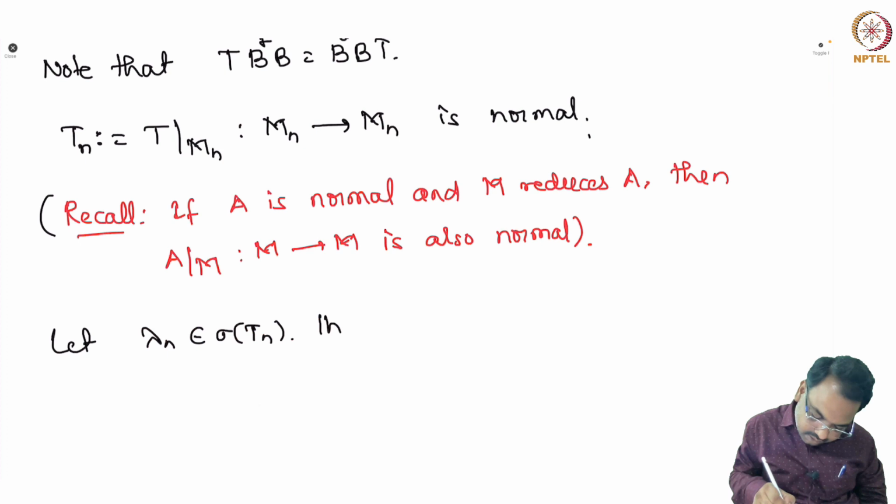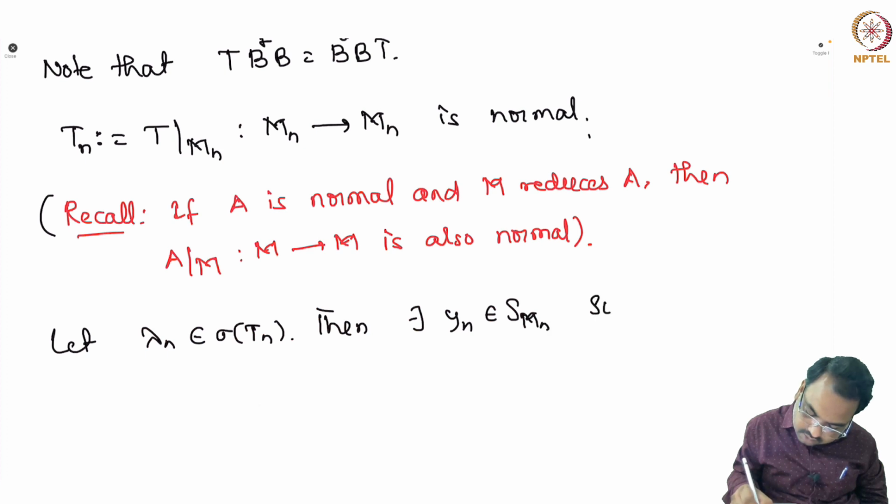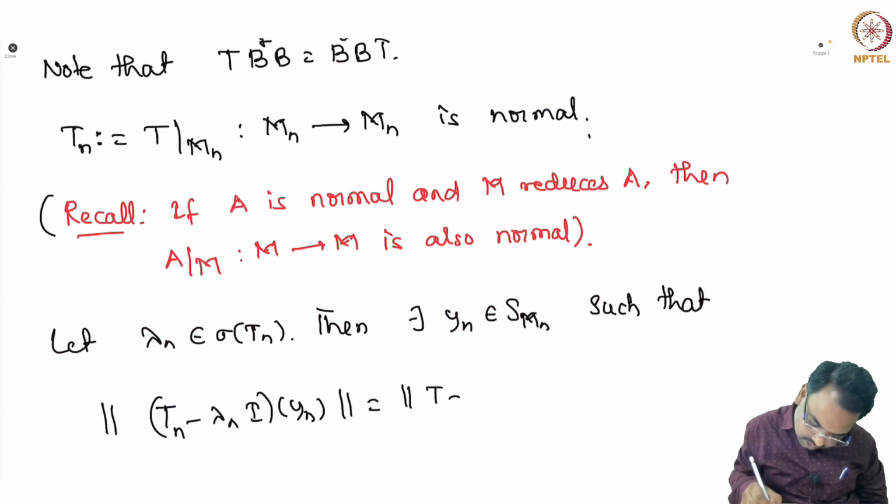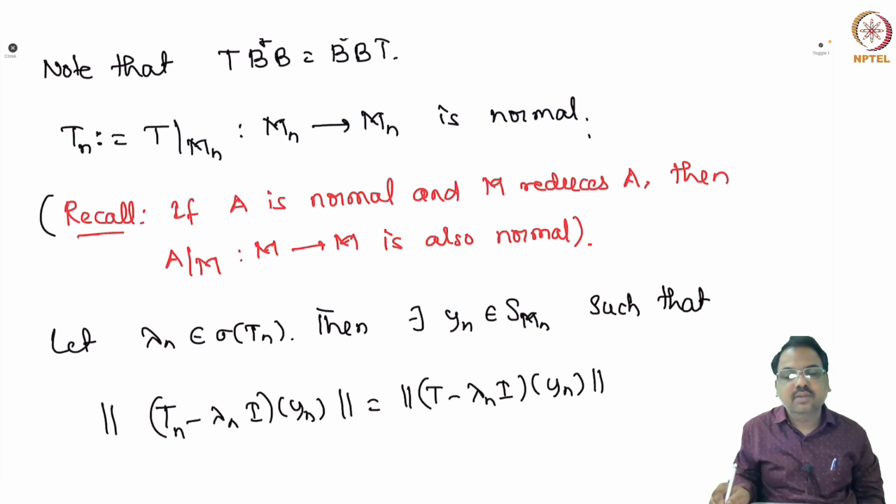Then there exists some y_n in the unit sphere of M_n such that norm of (T_n minus lambda_n identity) acting on y_n, so this is nothing but (T minus lambda_n) acting on y_n, because T_n is nothing but T restricted to M_n. Whenever y_n is coming from M_n, T_n y_n equals T y_n.